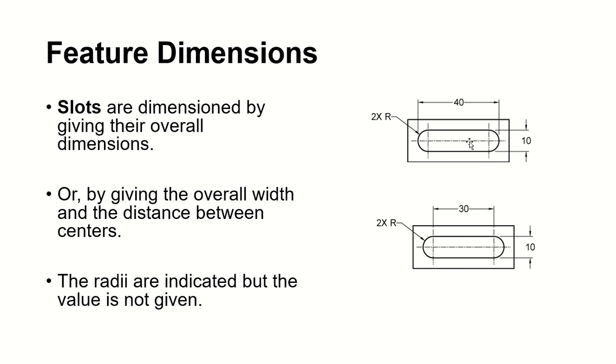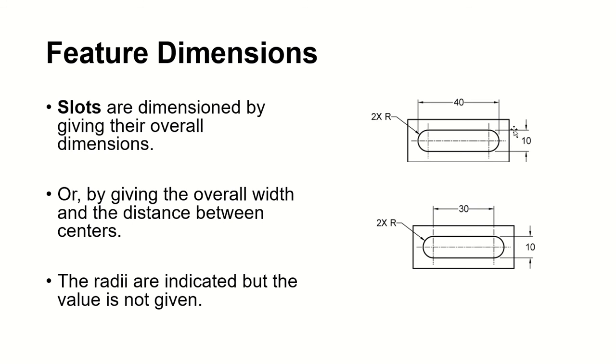Slots. When we deal with slots, there's a slot like this inside of your part. Slots we dimension by giving their overall dimensions. So we draw the extension line from here to here, from here to here. And I have a 2 times r, just by looking at it, it's a fully rounded end of your slot inside of the object.